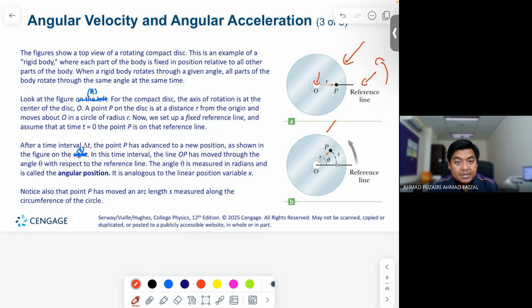Now let's see the point P travel to a certain point. Of course, it could travel in a straight line, but when a body moves in rotation, it cannot move in the conventional way of motion.